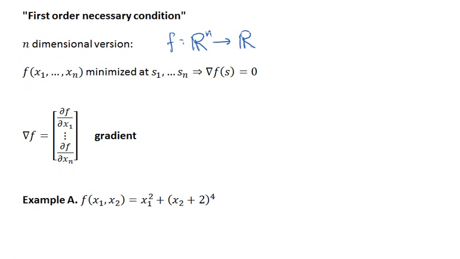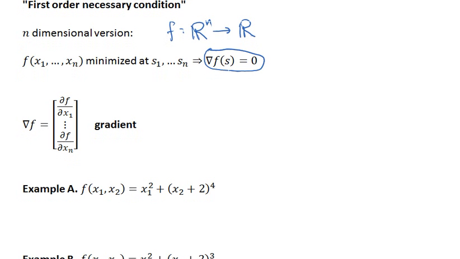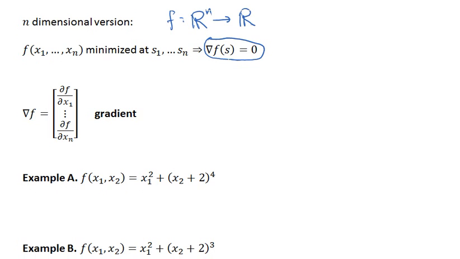So in the general case, when we have a scalar function of n variables, we know from vector calculus that that function is minimized at a point if its gradient is equal to 0. This symbol here is sometimes called nabla, but we usually just read this as grad f, or the gradient of f, evaluated at s. And remember, the gradient is a vector quantity, so little f is scalar, and the gradient of f is a vector.